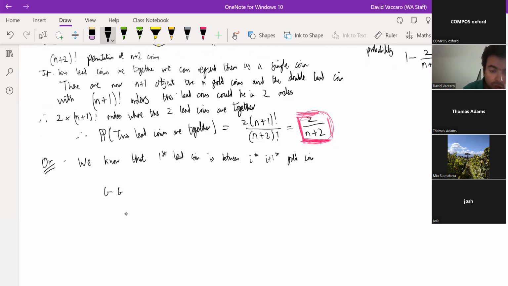So in other words, we've got gold, gold, gold, gold, gold, and then the first lead coin is here. And we've got i gold coins here.